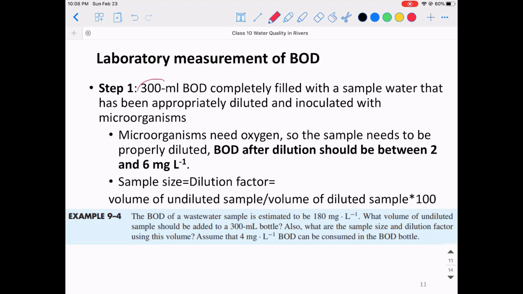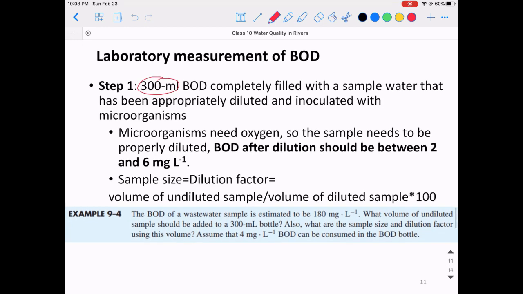For these measurements, we're going to use standard bottles that are exactly 300 milliliters to contain the wastewater, and then we're also going to do controlled measurements. For example, we need to set up the experimental group, and then set up a control group to compare the results. So here are the brief procedures of how we can measure the BOD in the laboratory.